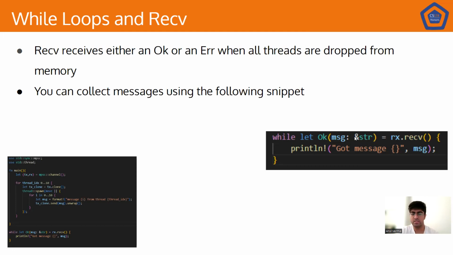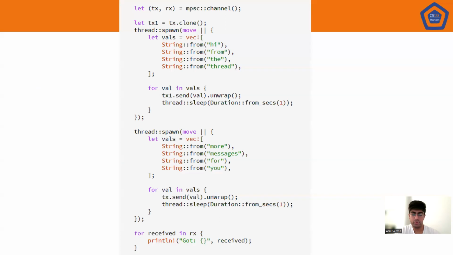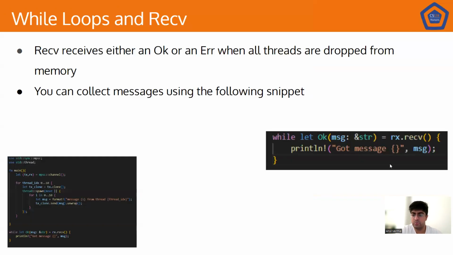Now, one thing to note is that previously when we were doing messages, we had to join at the end. Join was our blocker, which made sure that the main thread didn't progress any further. In this case, we don't have any join. So why isn't there any fear of the main thread just reaching completion and killing all the child threads that aren't finished yet? The answer is actually because of how recv works.